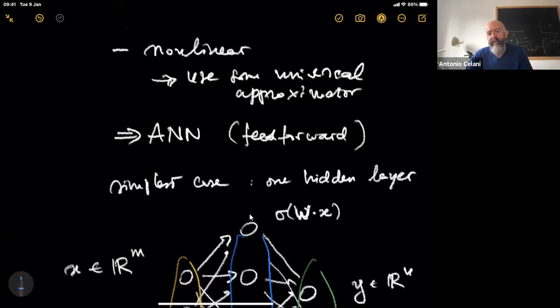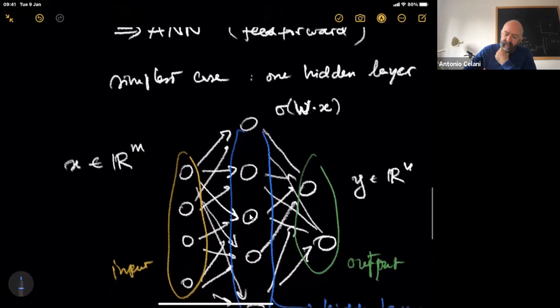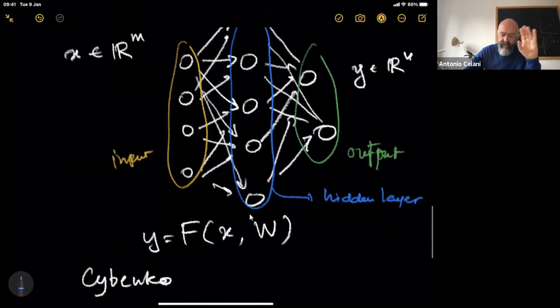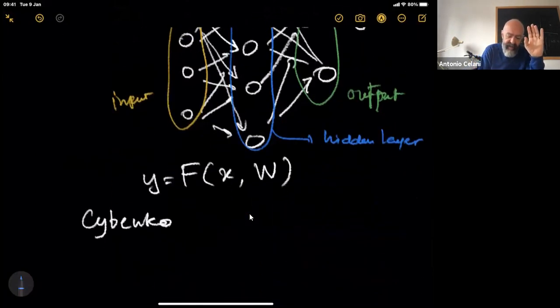So, not surprisingly, they have been used intensively to solve problems in reinforcement learning using nonlinear approximation. Okay, so this is the outline of the possible approaches.